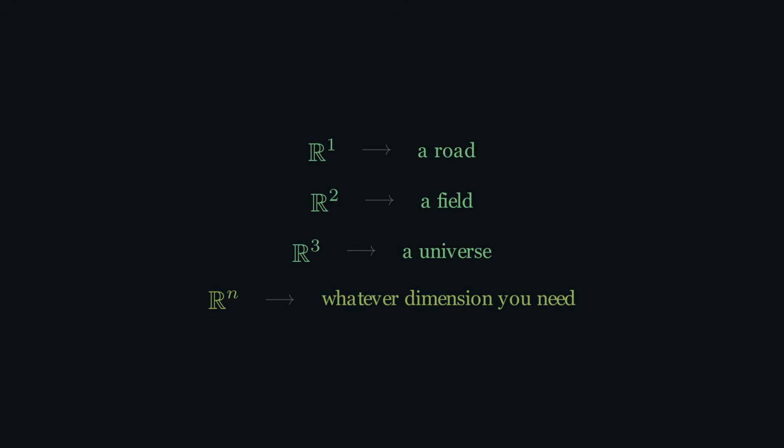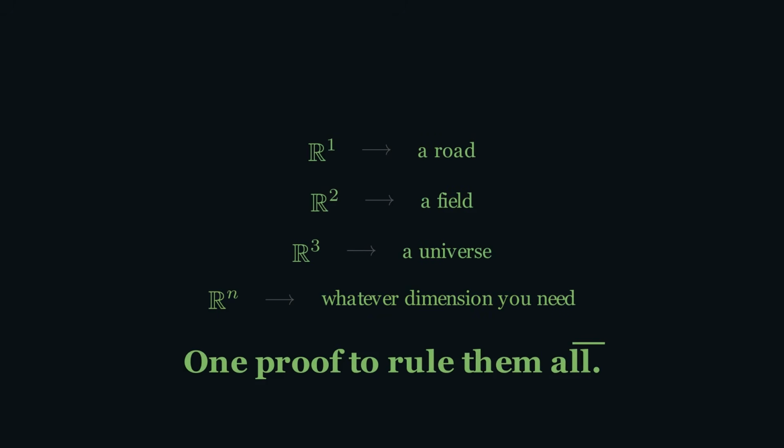And that's true. We can't see it. But here's the beautiful thing. The mathematics doesn't care whether you can see it or not. The rules work exactly the same way in 47 dimensions as they do in 2. And by writing our theorems for a general n, we prove them once and they work everywhere. One proof to rule them all.